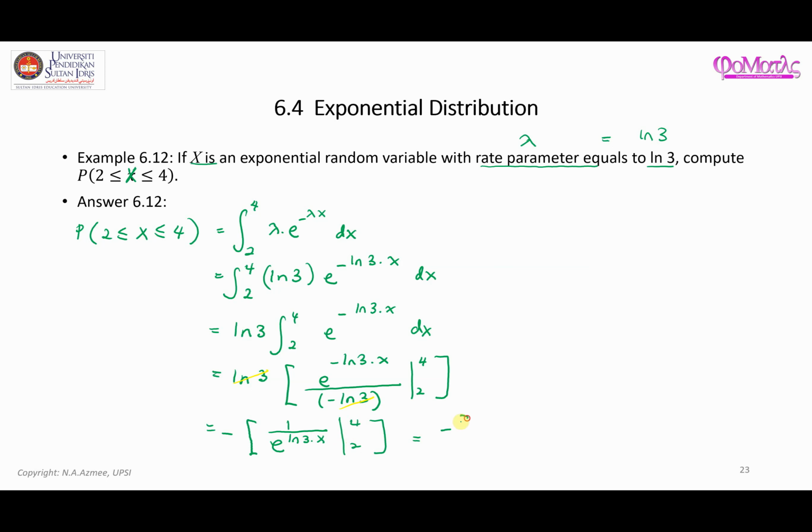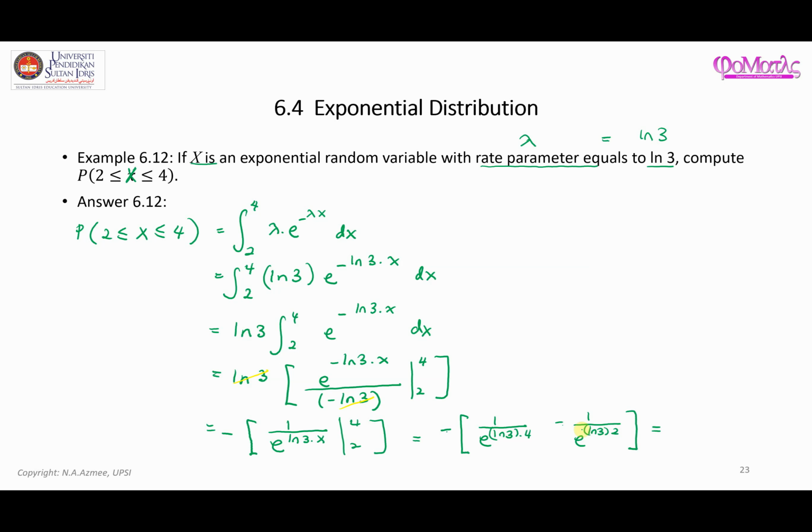So that will be 1 over e to the ln 3 times 4, minus 1 over e to the ln 3 times 2. And here the result will be, negative, positive will be negative, negative, negative, positive.